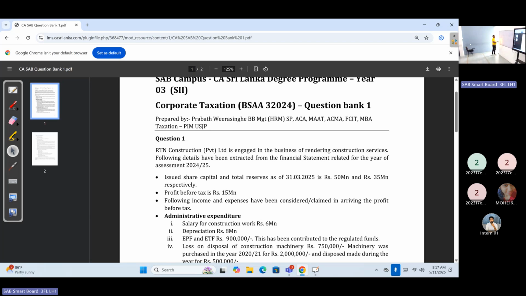All those things we need to separately work out and take to the tax computation.